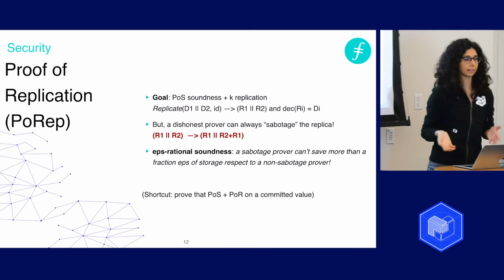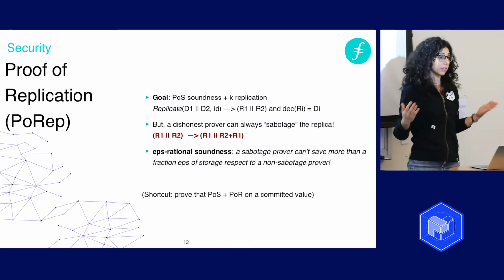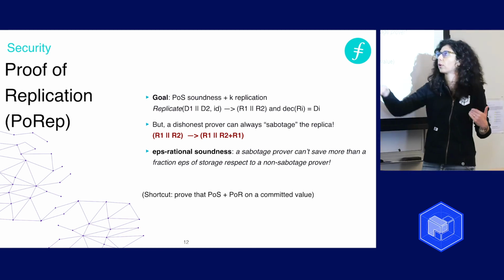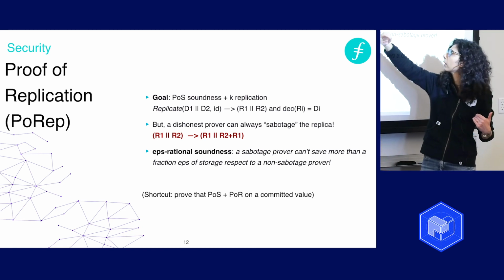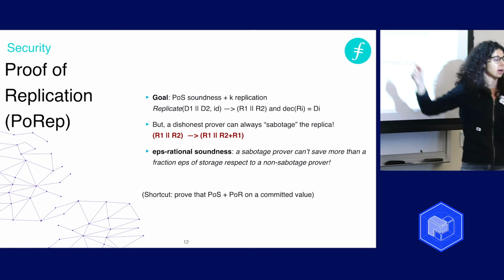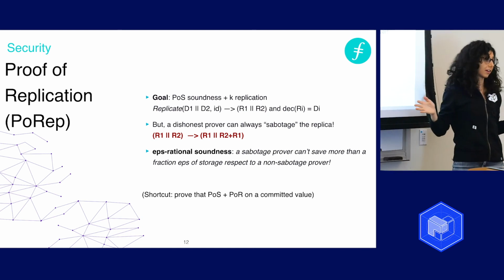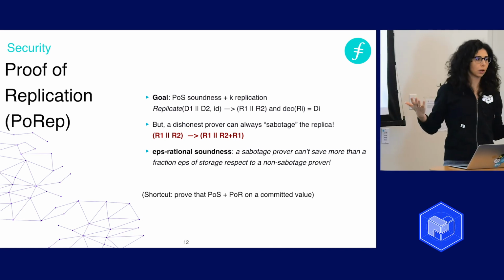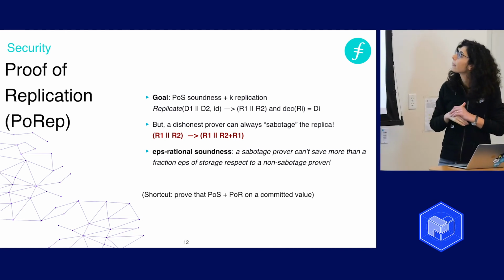So sabotage doesn't help you to save space, and it actually puts you at some risk because, as I told you before, if you lose this, you lose everything, right? So it's not rational, you are not going to do that.